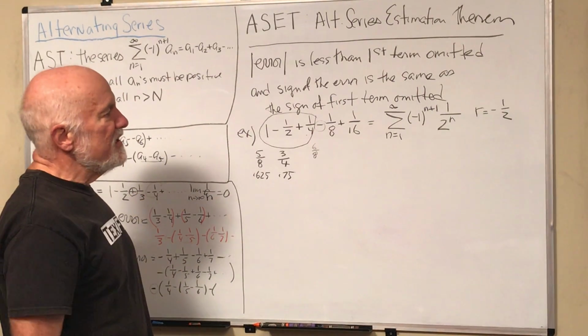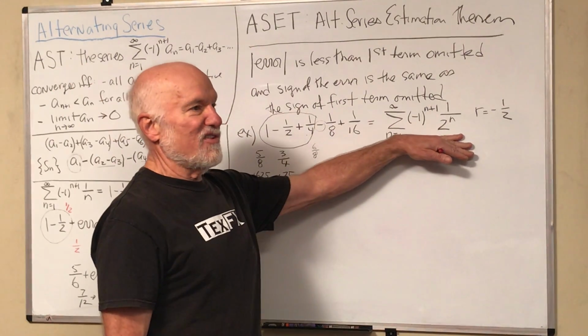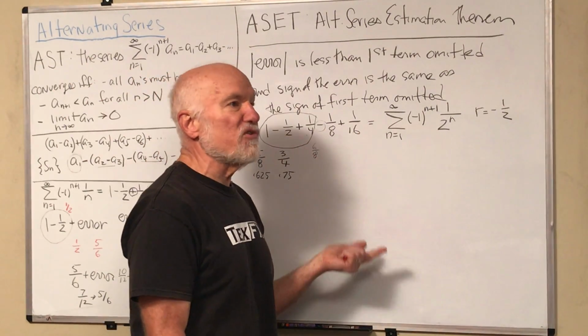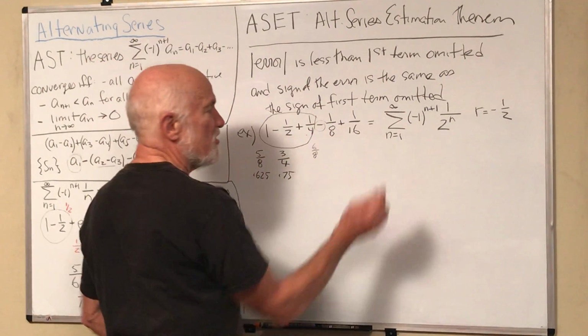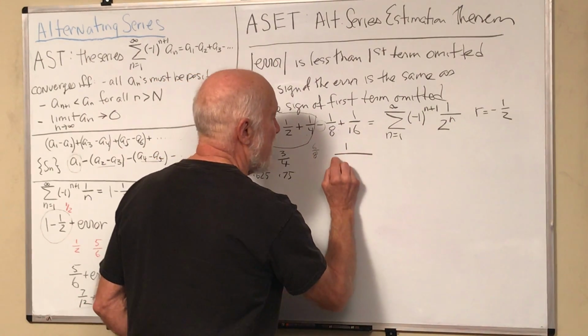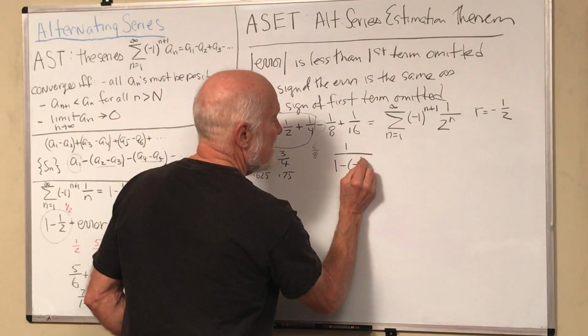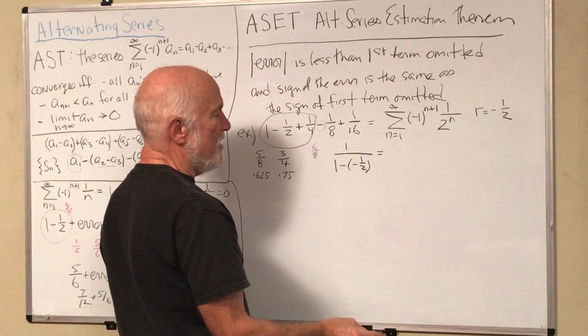Now, for this one, we actually know how to find the answer to this. And that's why I picked this example, so we can check what is the real answer to this. Well, it's a geometric series, so if we take the first term and divide it by 1 minus r, then we can get the exact sum.